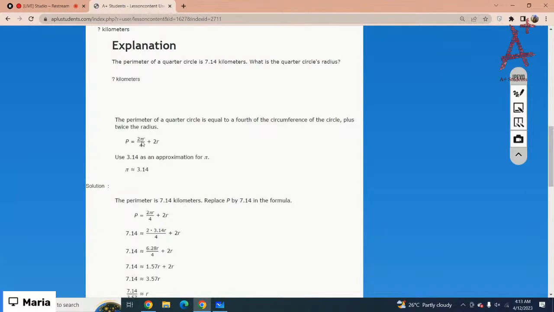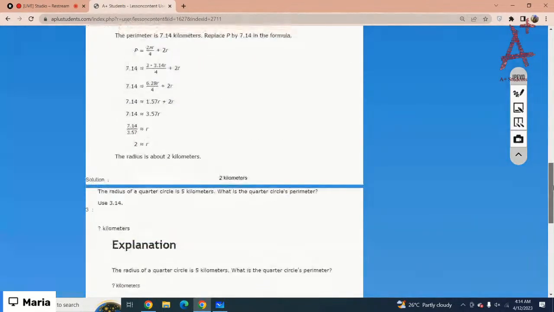We are given the perimeter, that would be 7.14. So when you do the calculations, it would be 2.